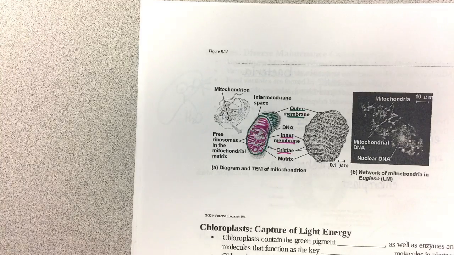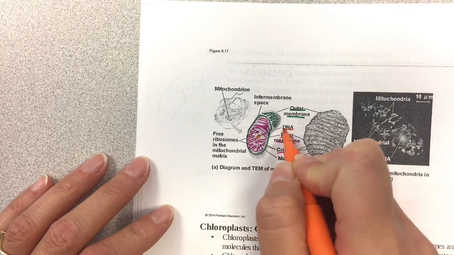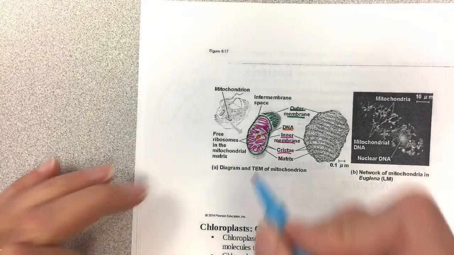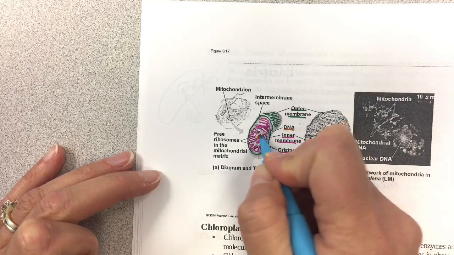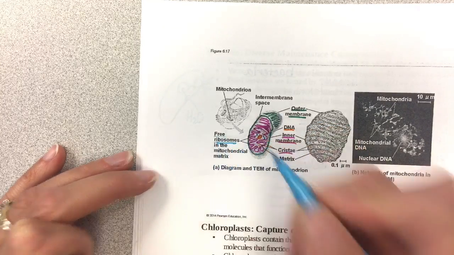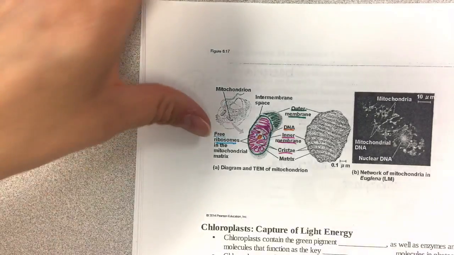It's kind of hard to see the DNA, but let's just put little circles here. That's your DNA, little circles. And then you also have your free ribosomes, which are just little dots. So the little dots in here are the free ribosomes. And so that is your mitochondria, the site of cellular respiration.